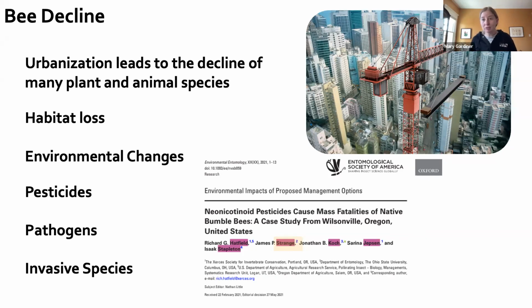If a habitat floods, a soil nesting bee is not going to survive, right, in that local environment. Pesticides are a huge problem. Neonicotinoids, for instance, have been linked to mortality of bumblebees in several different studies. Pathogens are a challenge for bees, and also competition with invasive species, among many other drivers.